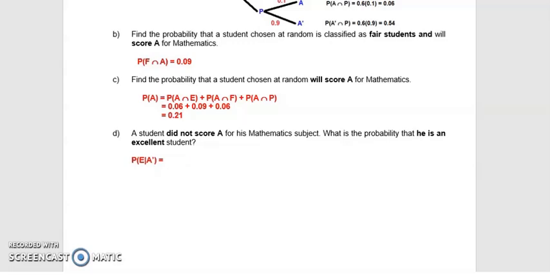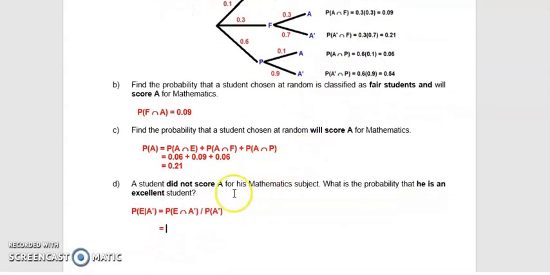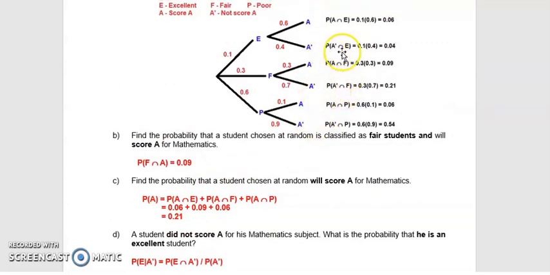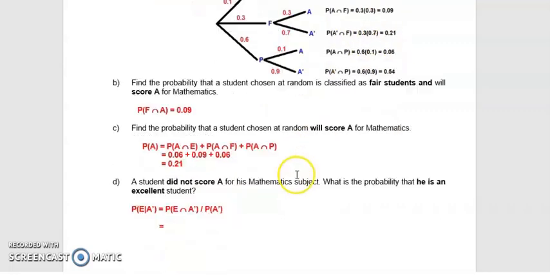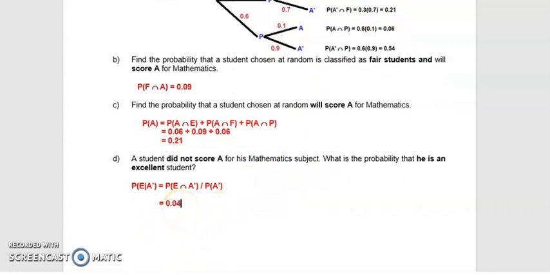So the probability of E given A prime equals the probability of E intersect A prime divided by the condition. Now the condition is A prime. What is the probability of E intersect A prime? If you look at your tree diagram, E intersect A prime is the same thing, and the probability is 0.04, divided by the probability of A prime.